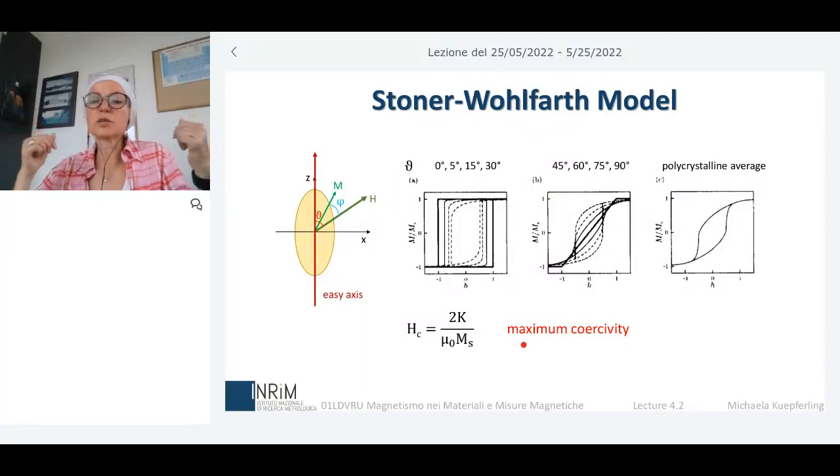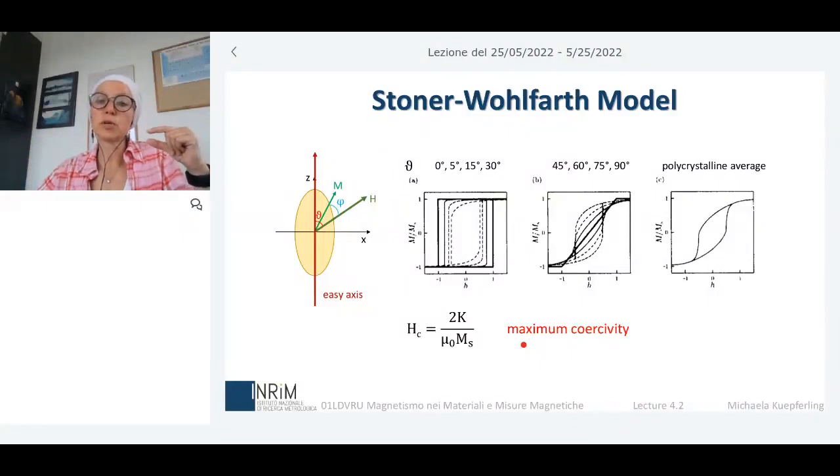Why? Because we considered in this model only a single domain particle. So if we introduce domain walls, this will always lower the coercivity. So what does this again mean? That if you want to have a very hard magnetic material, then it would be perfect if you would have grains which have the size of a single domain particle, so that each grain is a single domain particle.